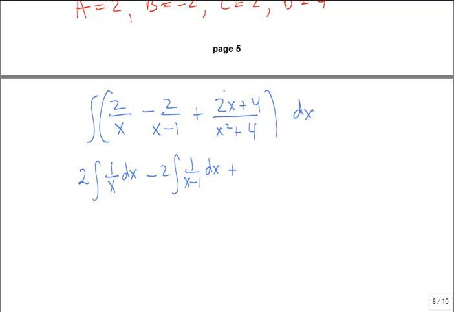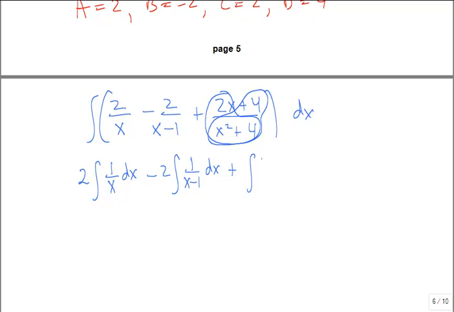Then for this third fraction, you have a sum in the numerator. Unfortunately, this is not stuff prime over stuff directly because you've got that extra plus 4 on top. But because you have that sum, you can break this up into two fractions, this one and this one. So that's what I'm going to do.